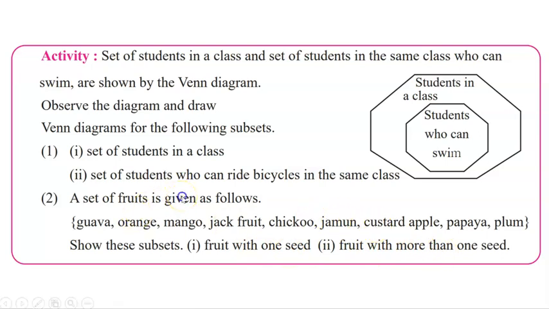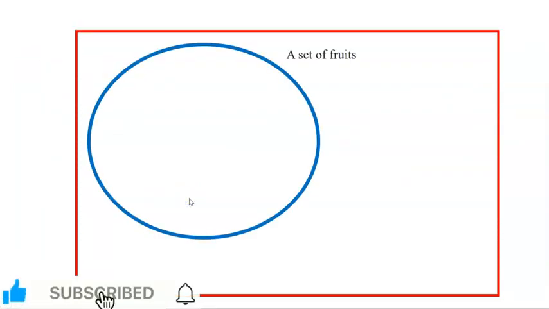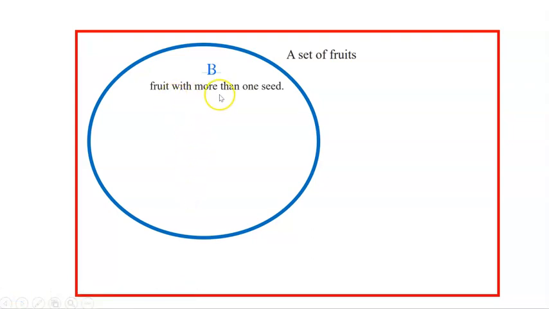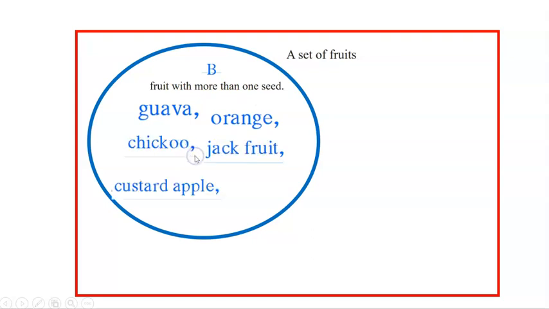Okay, now we'll see this. First set of fruits. Set B, fruits with more than one seed: guava, orange, chiku, jackfruit, custard apple, papaya.